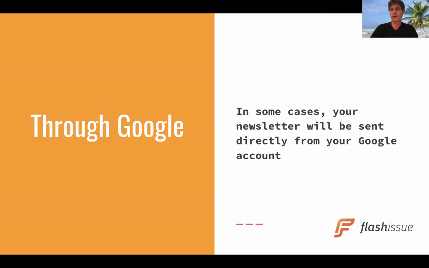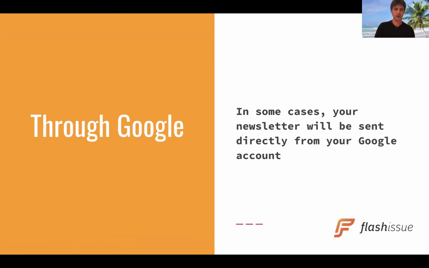In some cases, when we send a newsletter for you, we actually do it through your Google account. So it's very similar to if you manually sent it through Gmail, but of course, we send it to each recipient individually, and we add all the images and all the formatting.